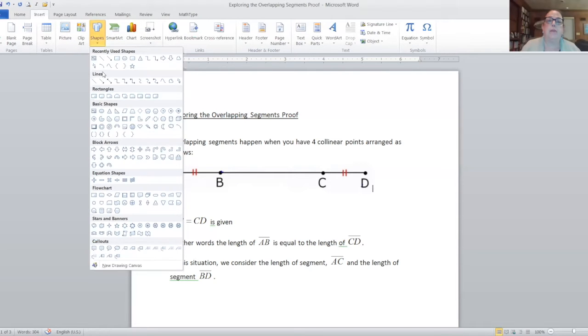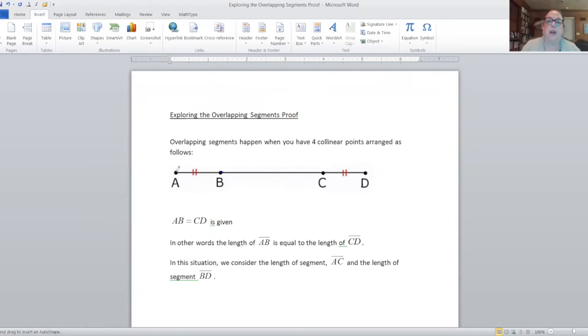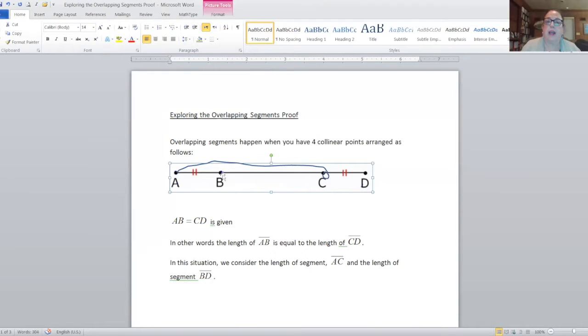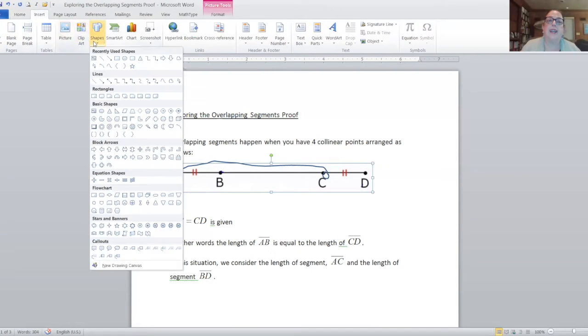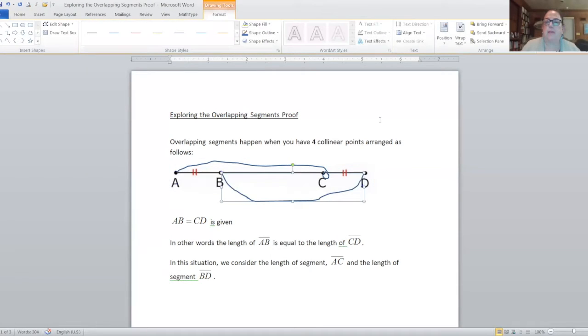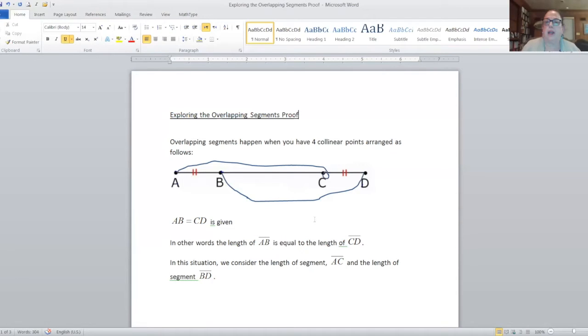The overlapping segments are AC and BD. So what happens in this situation, particularly as we look at the numbers, is that it turns out that it's always true that the length of AC is equal to the length of BD.